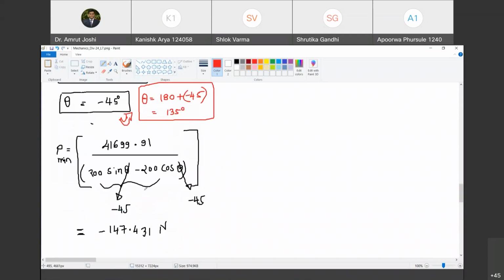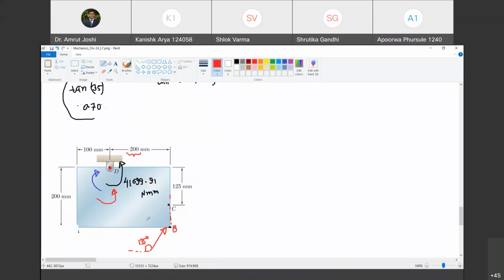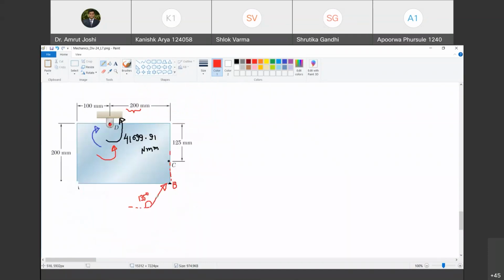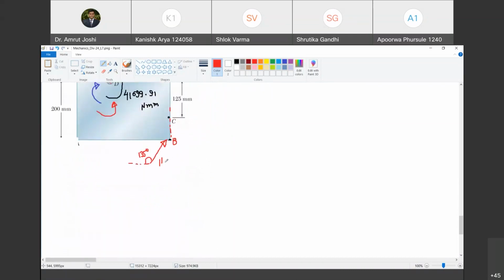Is it minus 147.431? Can you once again calculate this value and check whether it is negative or positive for me?